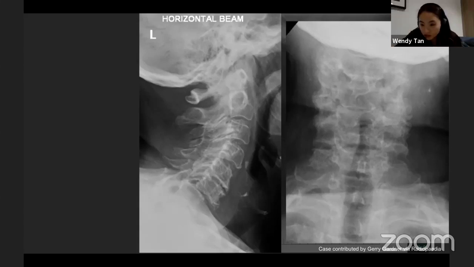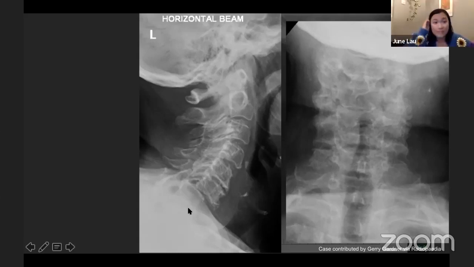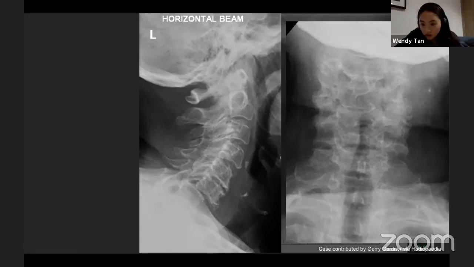So people have said chronic osteoarthritis degeneration. Yeah. Spondylolisthesis of C7. 2, 3, 4, 5, 6, 7. Yeah, it's a listhesis. Yeah, but degeneration of joints. Yep.